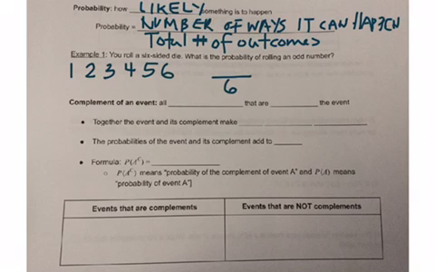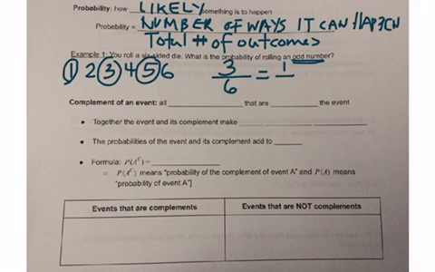The top number is the number of ways it can happen, the number of favorable outcomes. Of these 6 numbers, 1 is odd, 3 is odd, and 5 is odd. So 3 out of 6 is our probability. You can reduce that. 3 goes into each, so 3 divided by 3 is 1, 6 divided by 3 is 2. So 3/6 or 1/2 is our probability.